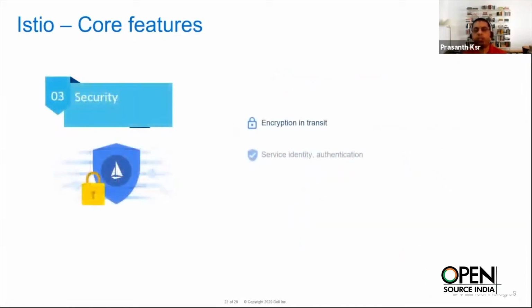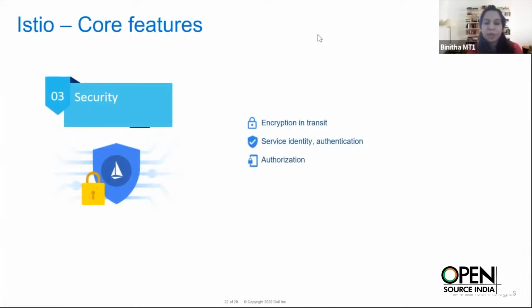Now it comes to security. Like I said, when we are talking about microservices, obviously microservices are good. They give you a great level of scalability and you can reuse your services, but security becomes a very big concern when you have multiple services that form your application. So Istio is actually a blessing when it comes to security.